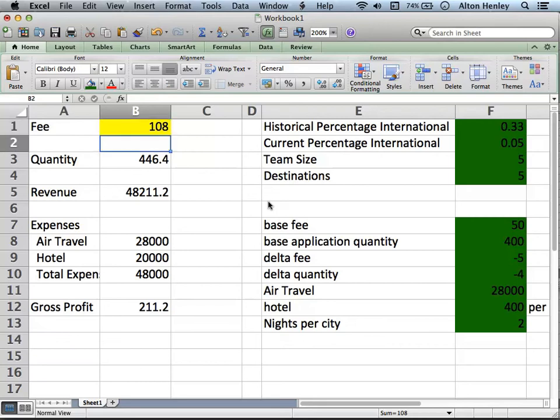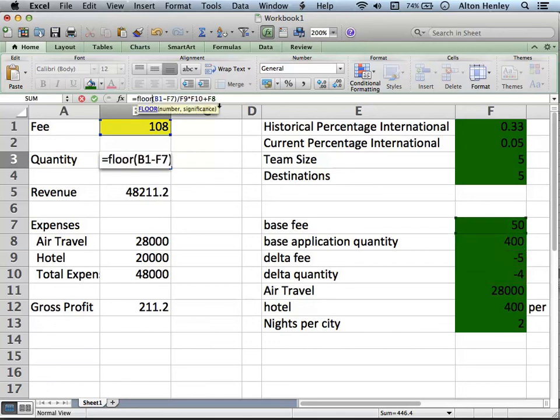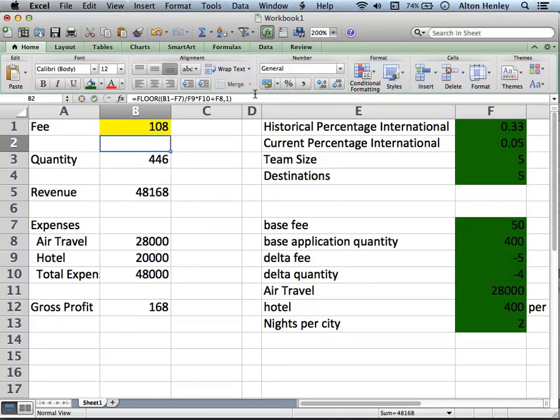And with that, we would have a quantity. I could actually use floor on this because I can't have a fraction of an application. 107, 108. So 108 is the lowest fee that I could charge and still account for all of my costs. And my quantity ends up being 406 applications per city.